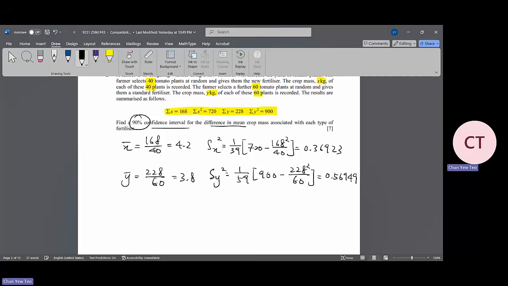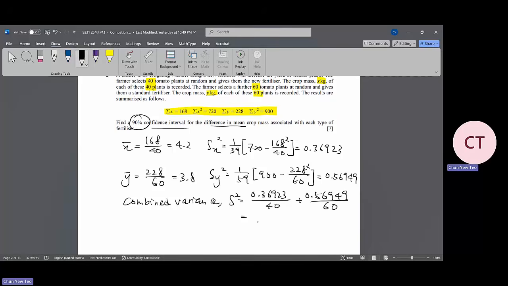Okay, so you have 2 sets of data. We need to combine them. So we combine them. We have a combined variance. S squared is equal to 0.36923 divided by 40 plus 0.56949 divided by 60.